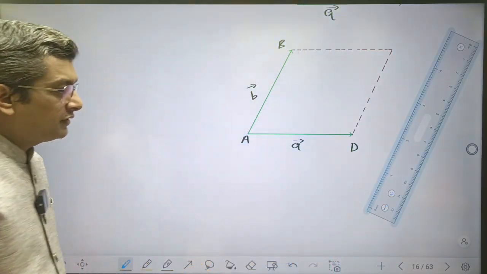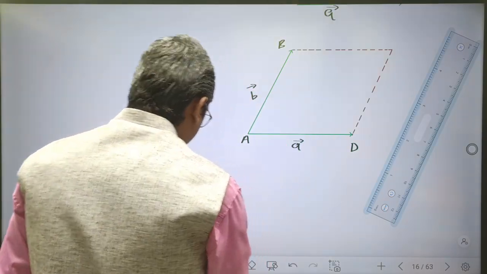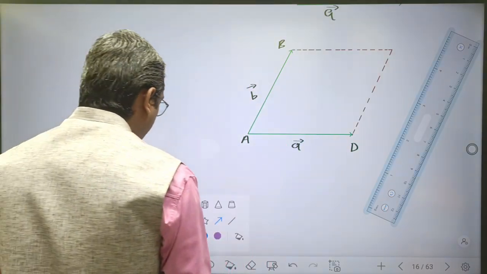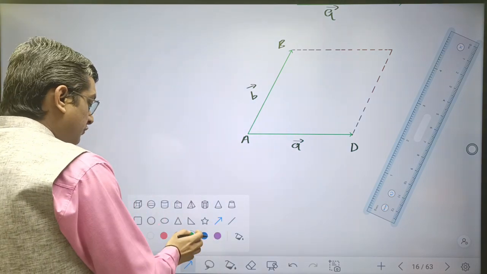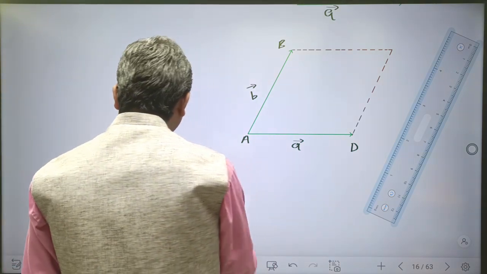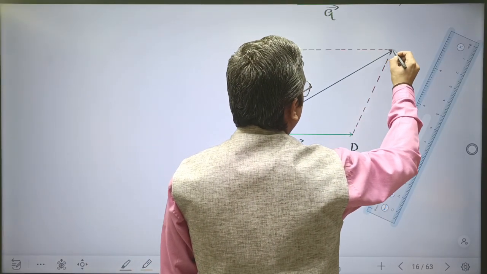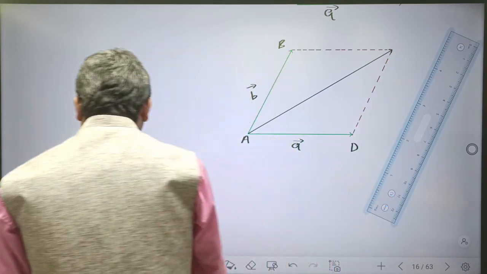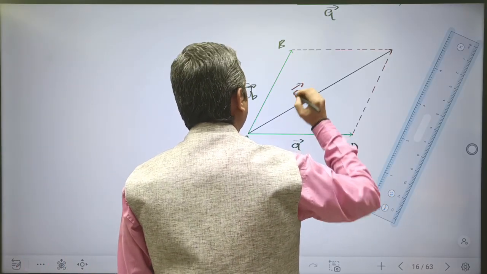The parallelogram law says that if you construct a parallelogram using these two vectors, then the diagonal of this parallelogram will give the resultant of the two vectors. So what is the diagonal? Here it is, this is the diagonal. That is, the R vector is the resultant vector.